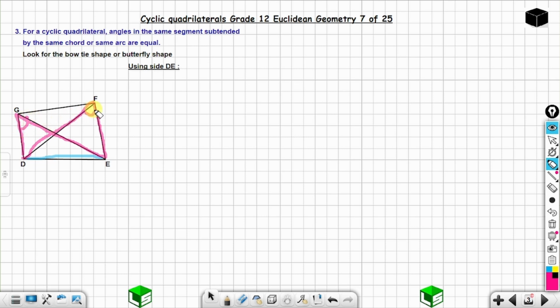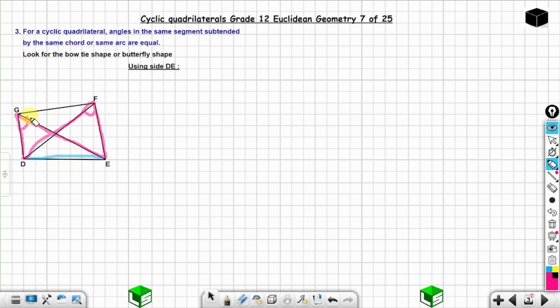You can see the two angles are subtended by this side, DE. You have this line coming from there, going there, and this line coming from there, going there. You can see the two angles are subtended by the same chord. This would be a chord if you have a circle drawn around.